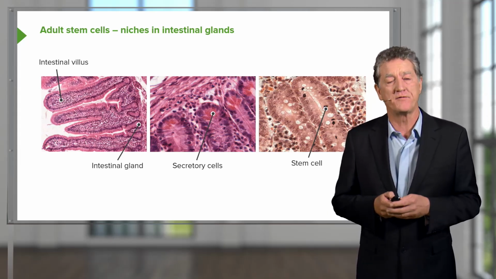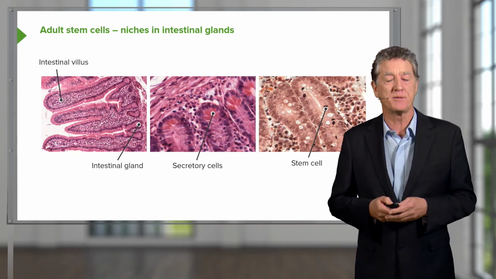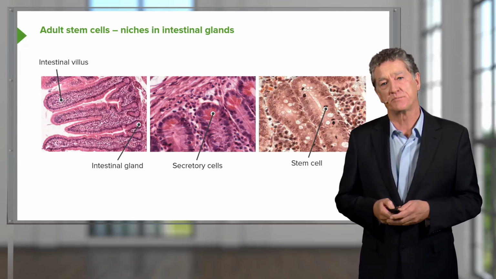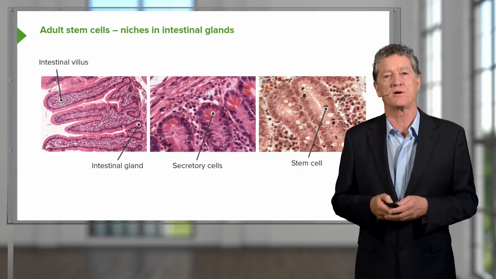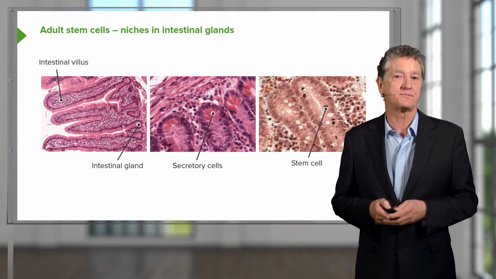These stem cells are very important in epithelia because epithelial cells are continually being replaced, and they're replaced because of these stem cells being present in all the epithelial surfaces that we're going to come across when we look at the organ systems in later lectures.